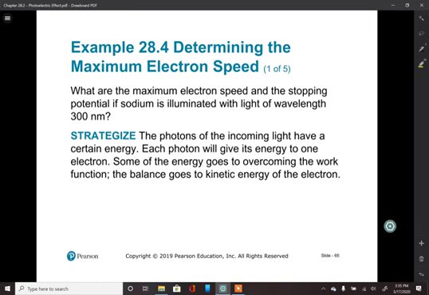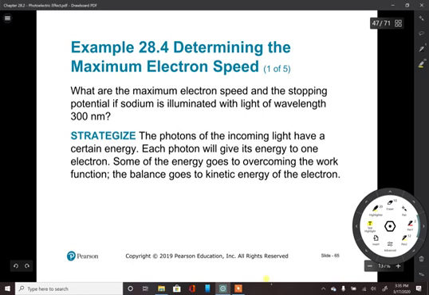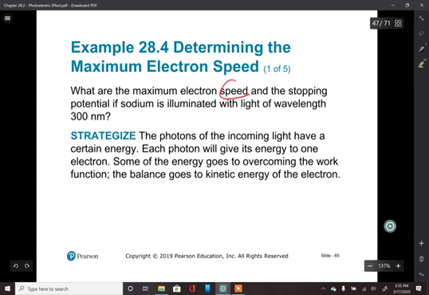So this next one is a very similar idea, but just a couple more steps. Here we want speed, not kinetic energy, and we also want to find the stopping potential. We know it's sodium, and we know the wavelength of the light.